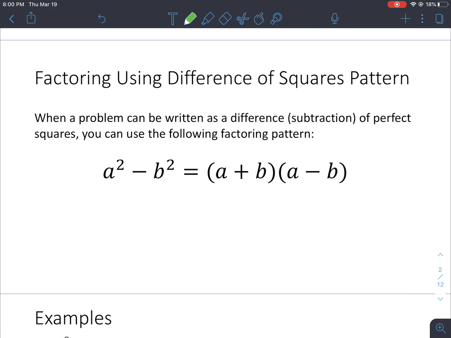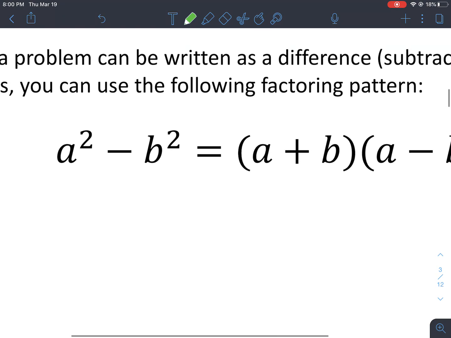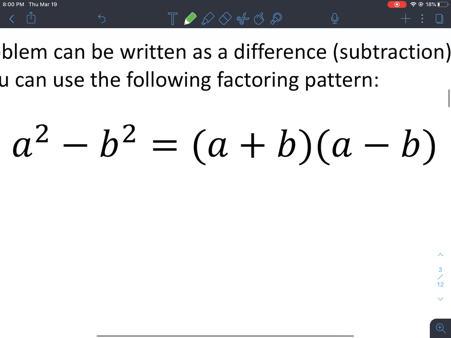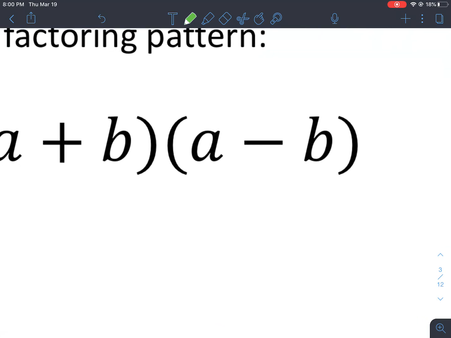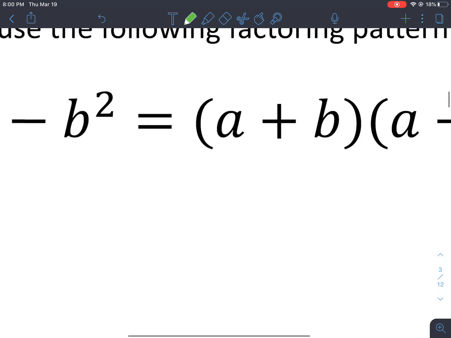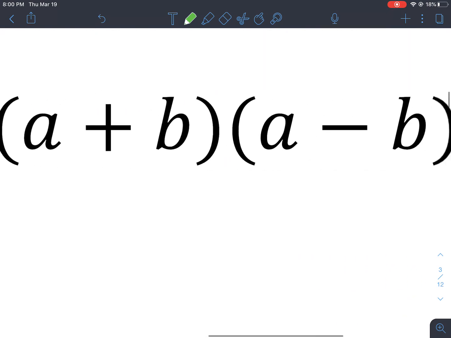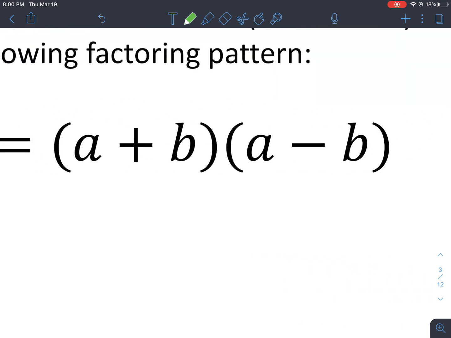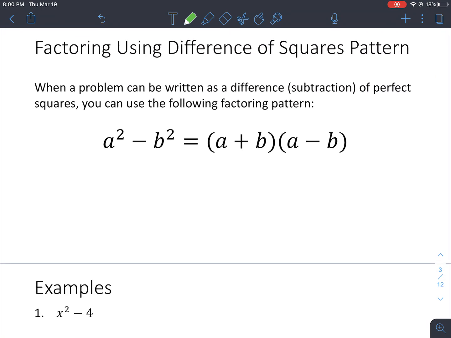Okay, so what we just saw before is this pattern, this relationship, that if we have a squared minus b squared, where that came from was a plus b, a minus b. Okay, now in our warm-up we started with this, finished with this. For today's practice problems, we're going to start with something that looks like this and work backwards, factor it to look like this. So here's the real nice shortcut to it. Essentially what we're going to do is this.